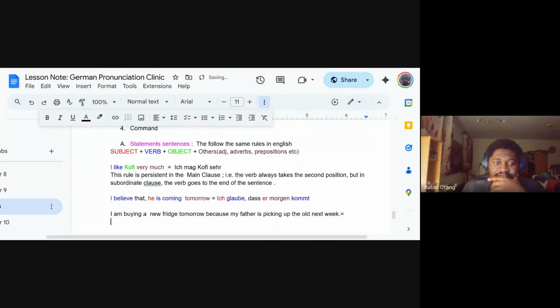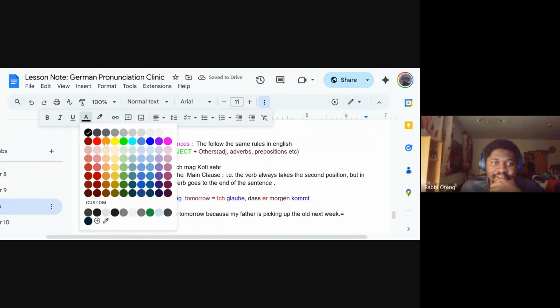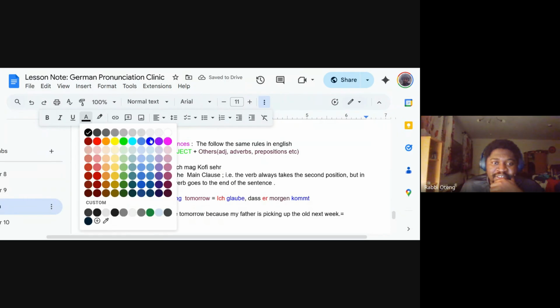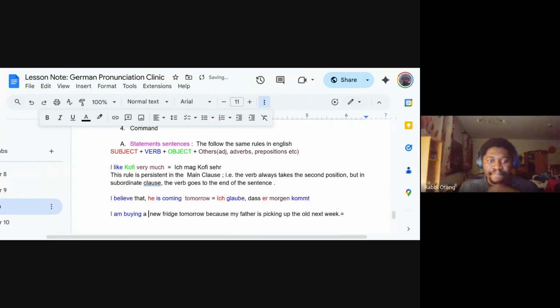So in this sentence, we have our subject, which is I. Our helping verb, then the main verb is buying. Our direct object: what are we buying?